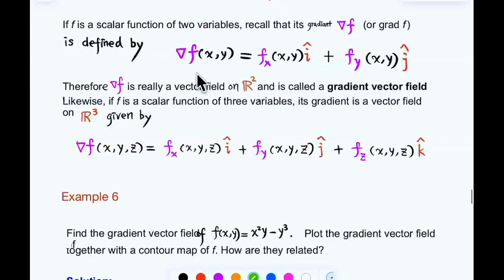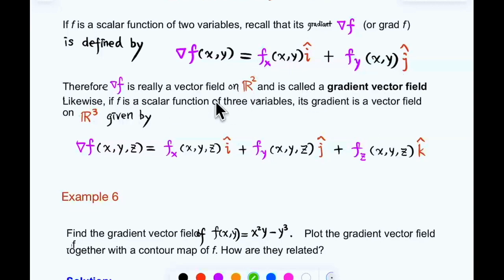If f is a function of two variables, the gradient of f is a vector field on R2 because it takes a point in R2 to a vector in V2. You have two components in this vector, and it's called a gradient vector field.